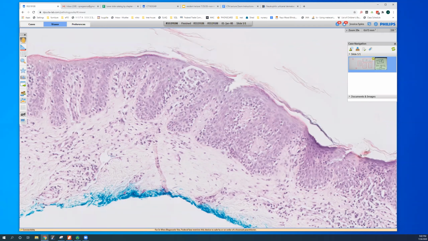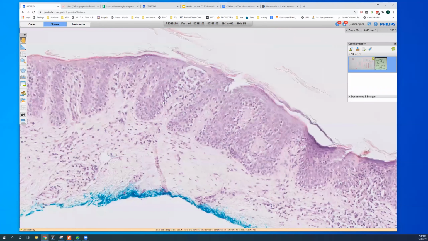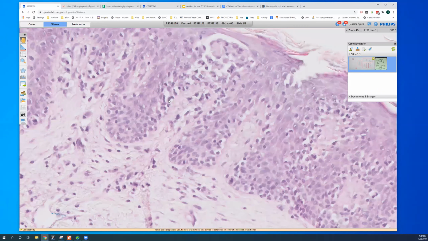So the pertinent features are, and they've done studies on this, actually, I would say the number one feature in this biopsy that helps us make the diagnosis is the lymphocytes with very dark nuclei. And I think if the stain was better, they would really pop out as being hyperchromatic, and they have halos around them.